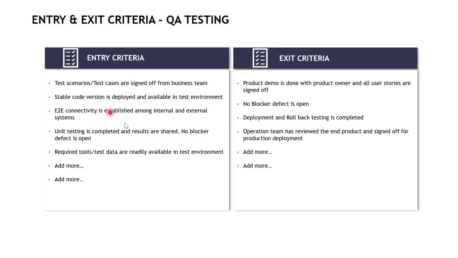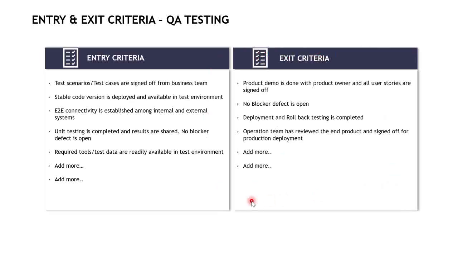You should have all the connectivity established. You will have all the required tools and test data available. You can add more here. These are the entry criteria to start your testing. This will help you seek help from your leadership and executives to enable this part if your testing is getting delayed.